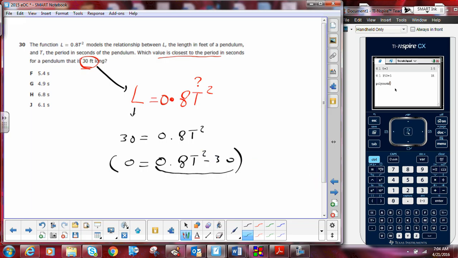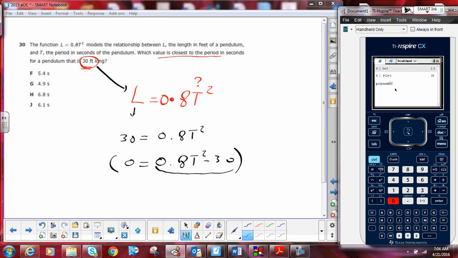So the equation is 0.8t² − 30. Then you put a comma. We're solving for what? T. Comma t, enter.